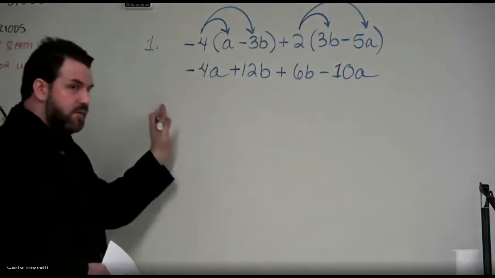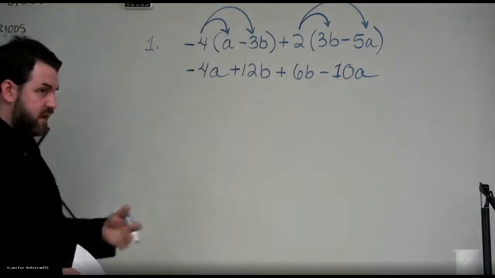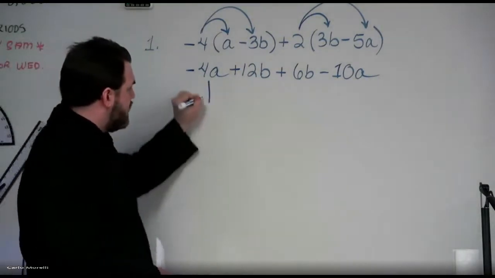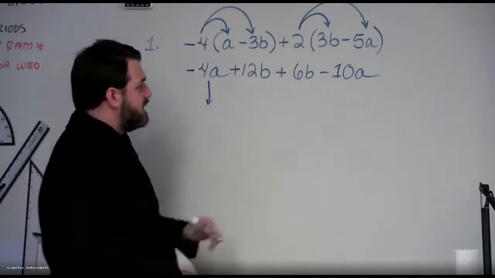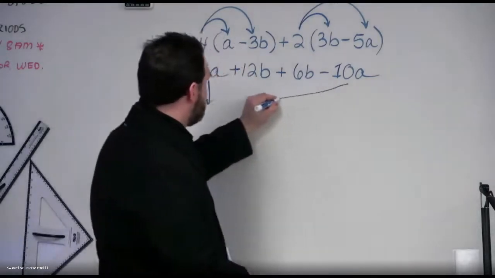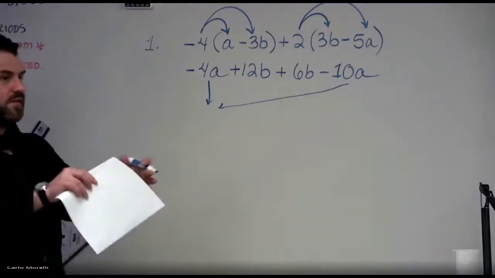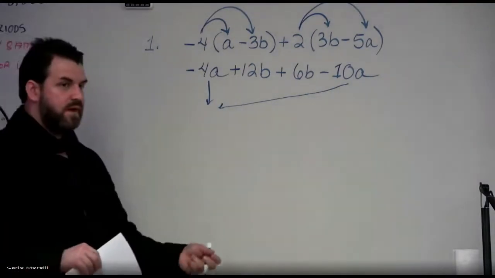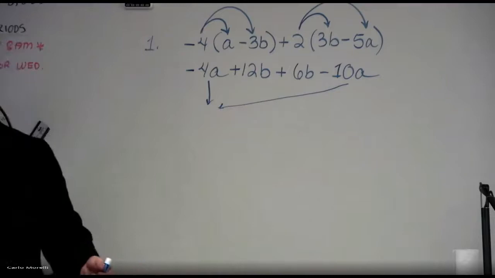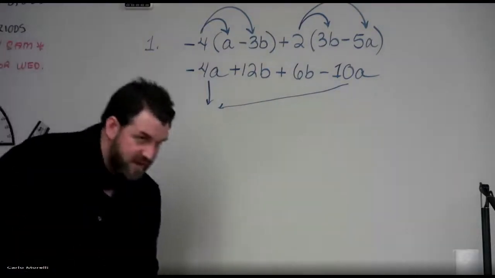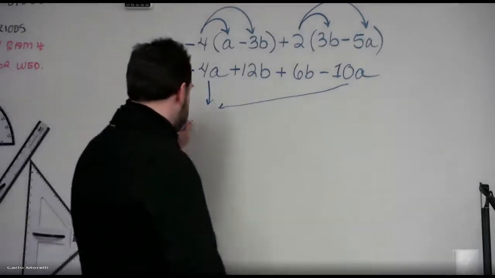That was the distributed part. Now we combine like terms. So I like to draw these lines. So I know I'm going to combine the -4a with its like term, the -10a. Now when those two things combine, you've got a -4a and a -10a. You put them together, what have you got? -14a.